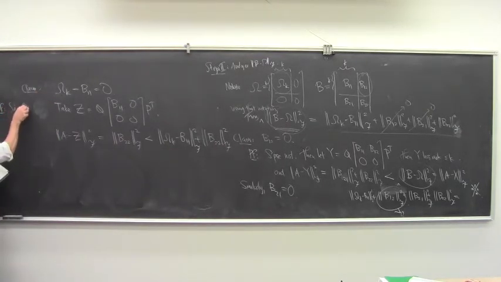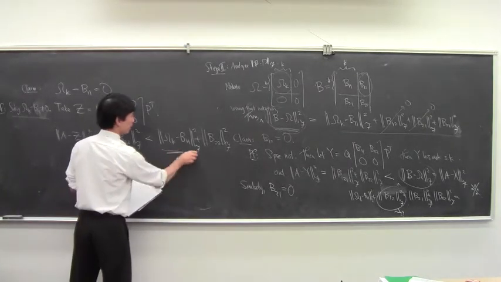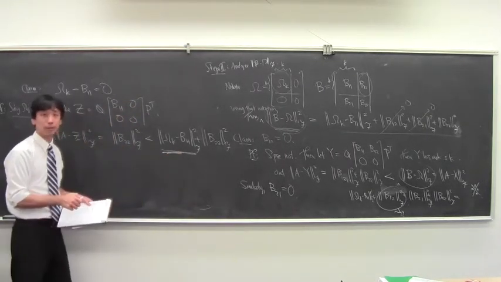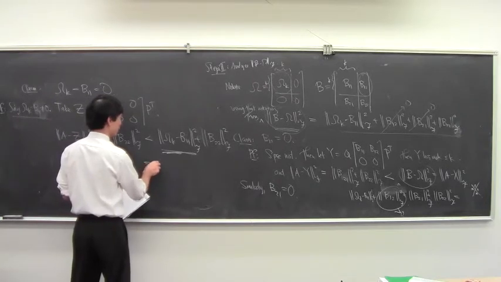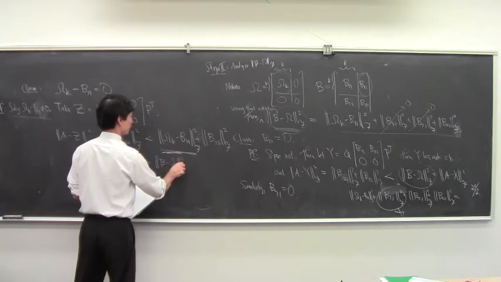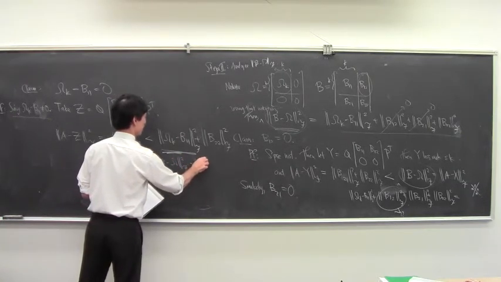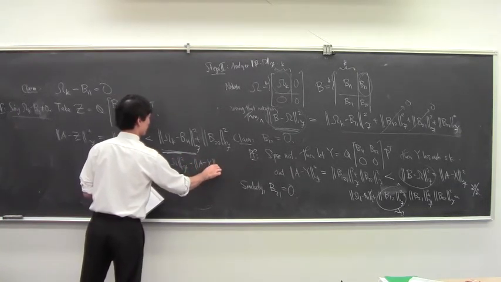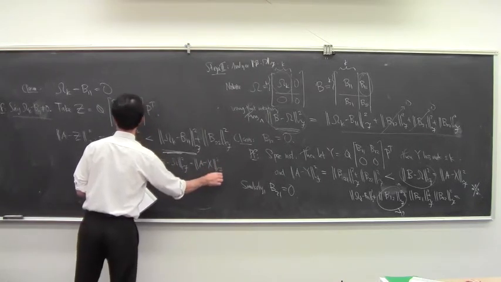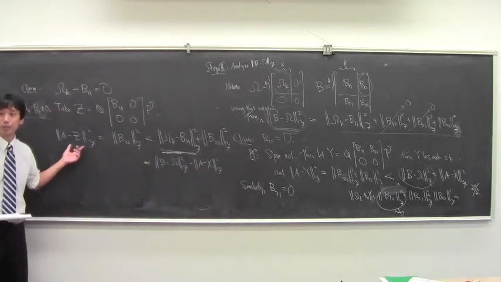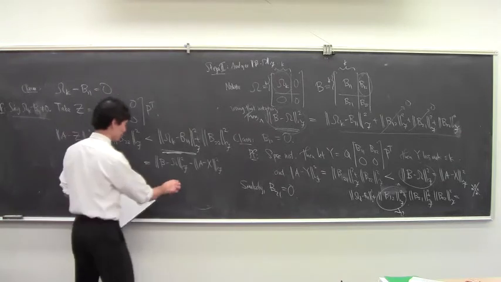Say that omega k minus B11 is not equal to 0. In that case, this thing is strictly bigger, and we end up with the distance of B to omega squared, which is to say the distance of A to X squared. So again, we'd end up with a contradiction. Same argument.